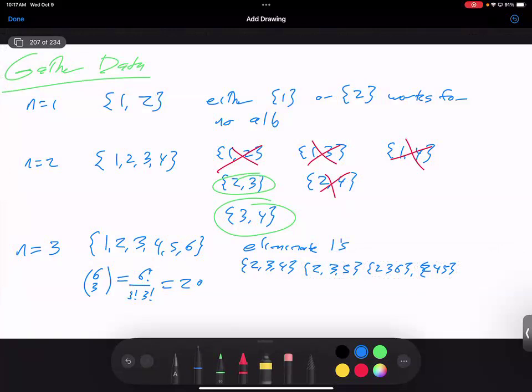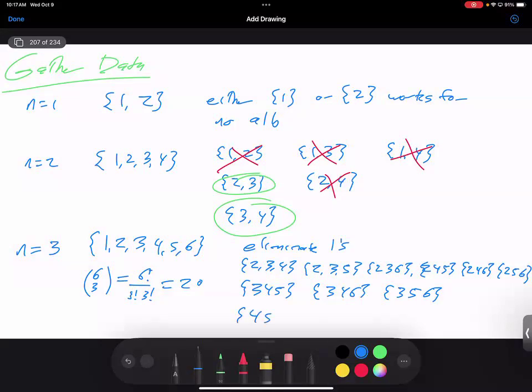So we have 2, 3, 4; 2, 3, 5; 2, 3, 6; 2, 4, 5; 2, 4, 6; 2, 5, 6. Those are all the ones where 2 is the smallest. Then we have 3, 4, 5; 3, 4, 6; 3, 5, 6. And then we have 4, 5, 6.